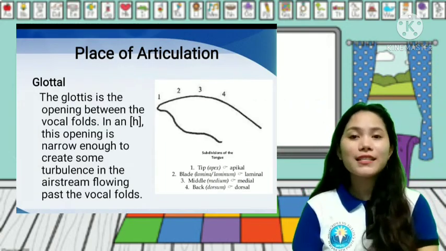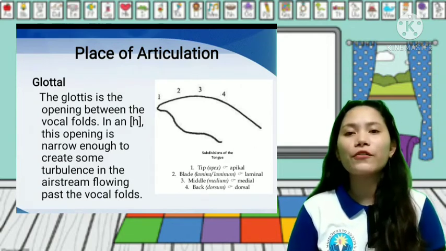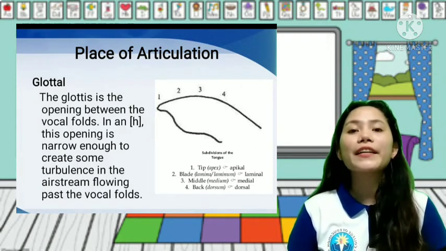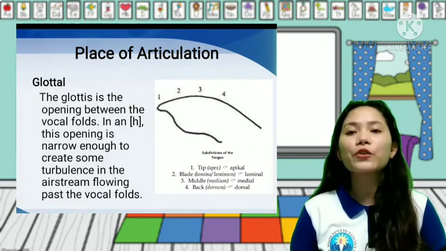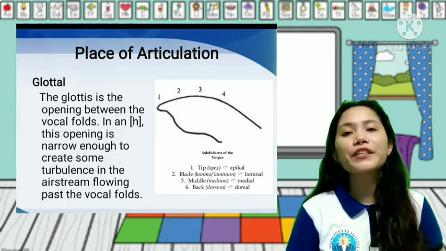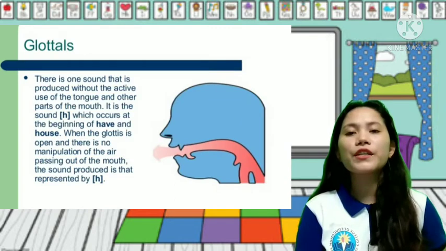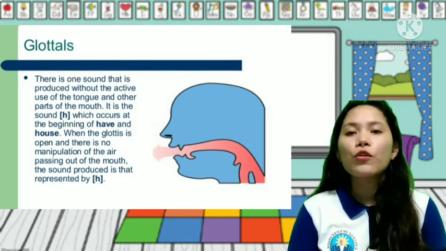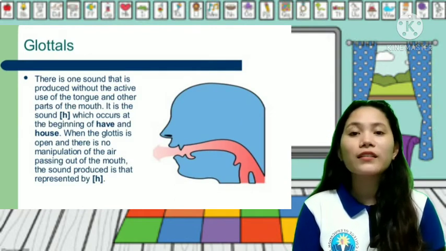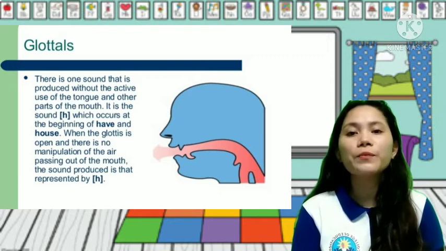The glottis is the opening between the vocal folds. In an itch, this opening is narrow enough to create some turbulence in the airstream flowing past the vocal folds. There is one sound that is produced without the active use of the tongue or other parts of the mouth.